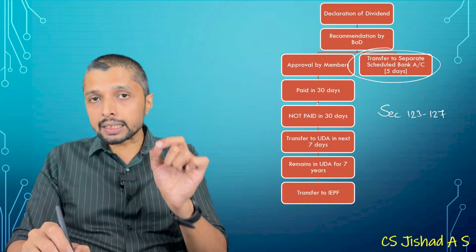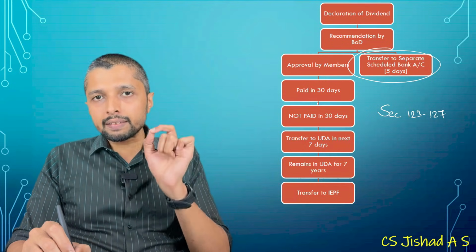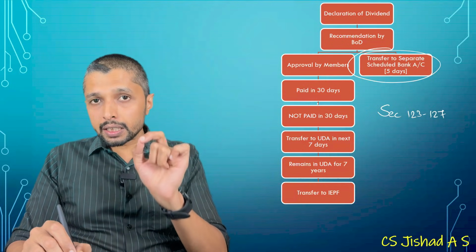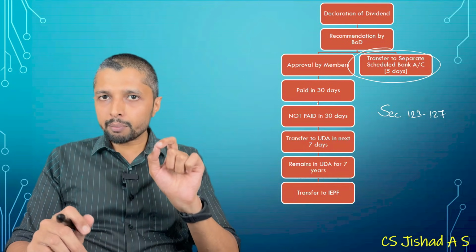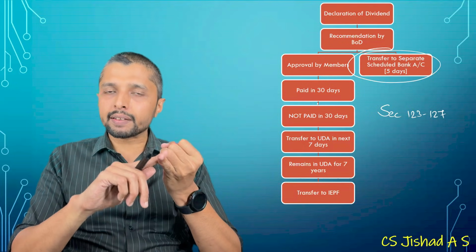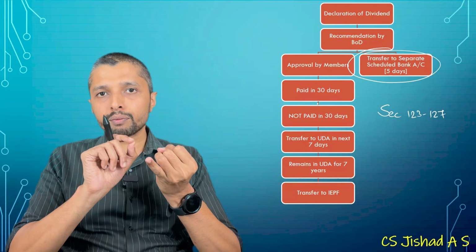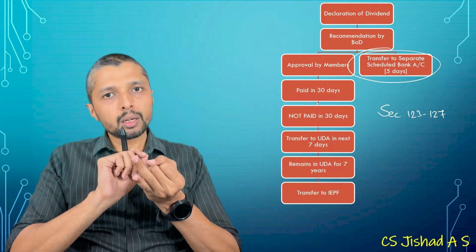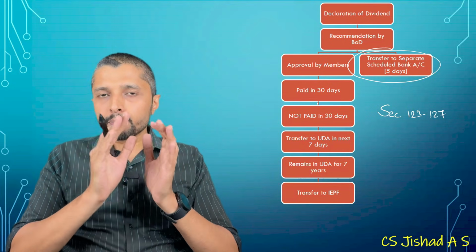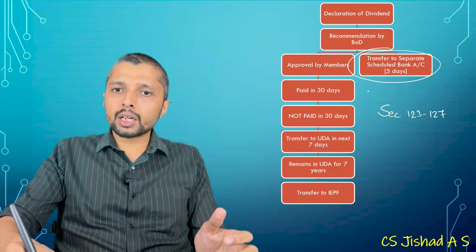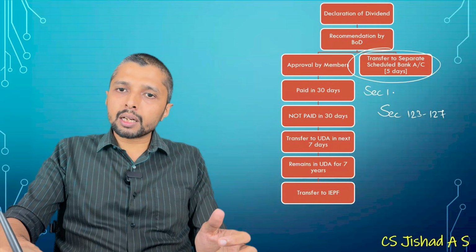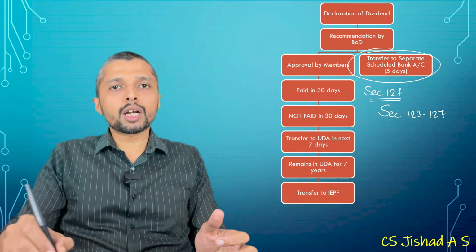If dividend is not paid within 30 days, and if there is no legal or legitimate reason for that, the company and the directors who are knowingly a party to the default will be liable for punishment. The penal provisions are explained in section 127.